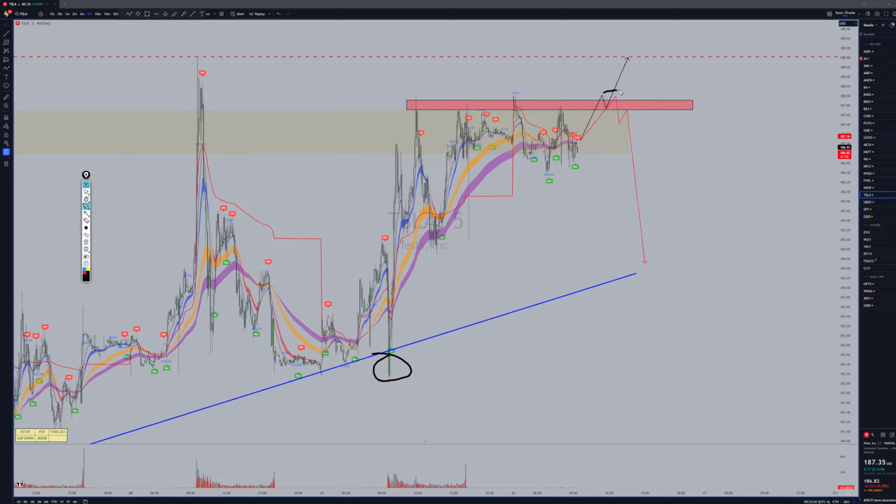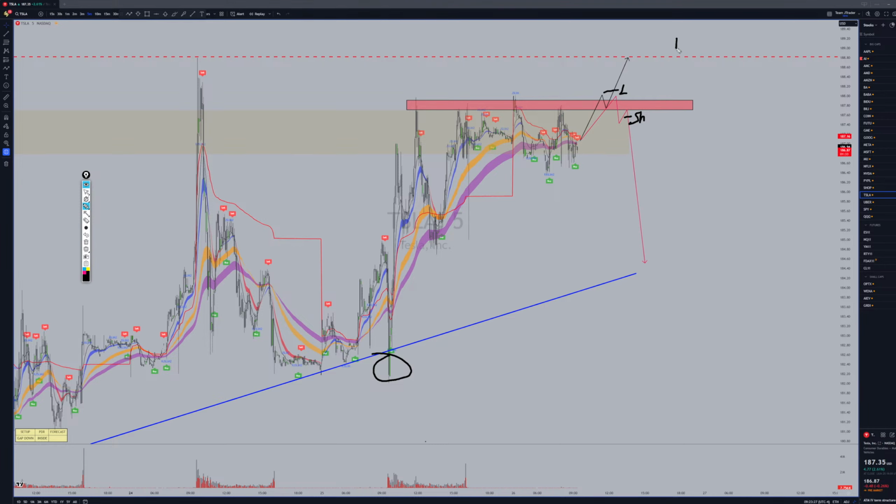Either Tesla is strong and we long it over here with target 189 and then 190, or instead we reject the supply area, and this is what Tesla does. We look for a fail, a rejection, and over here a short play with target the trend line. So we're going to stay in the 184, 185 area.